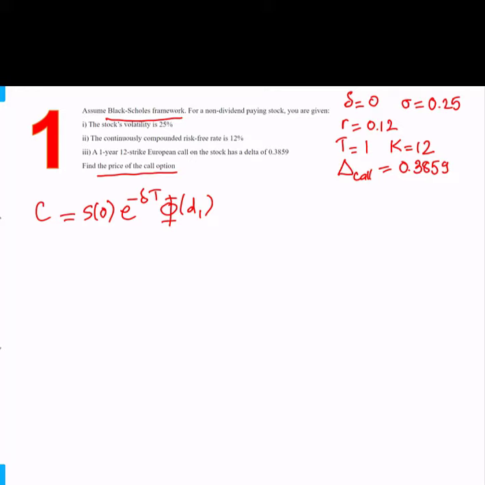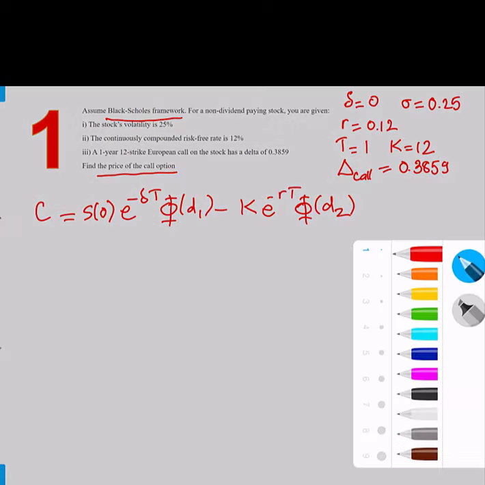Some people use N of d1, doesn't matter, as long as you know this is the CDF of the standard normal distribution. Minus K e to the minus rT, Phi of d2.